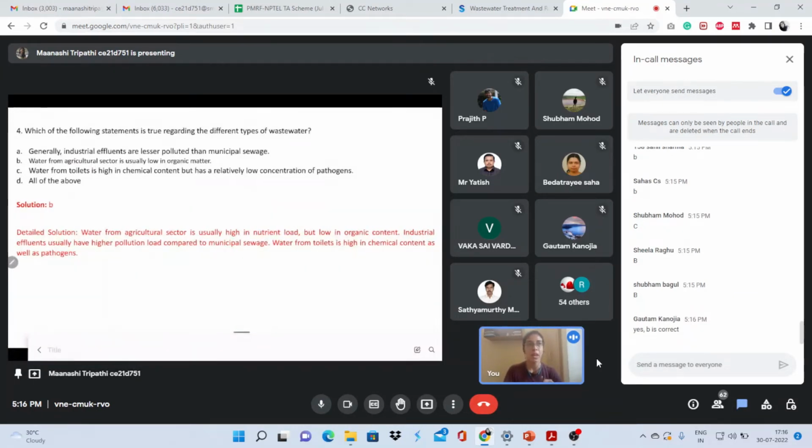There will be feces. There will be urine. All these things will be there. But what happens in industry? If we are talking about any tannery industry, like leather industry, there will be very high chromium. See, such chromium concentration will not be available in normal domestic wastewater.